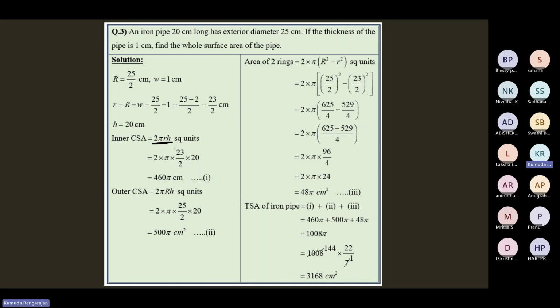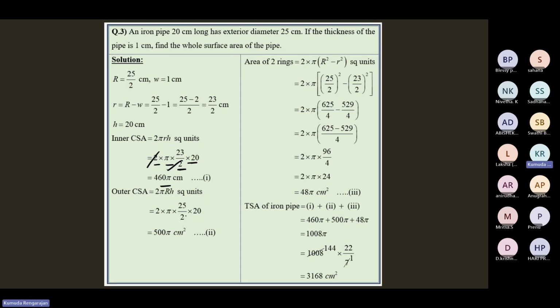And since everywhere we'll have pi, in this formula we have 2 pi RH, here also we have pi. So I've not substituted 22 by 7 everywhere. I found all the answers in pi. 2 pi, this is internal radius and H. So 2 gets cancelled and this is the inner CSA.